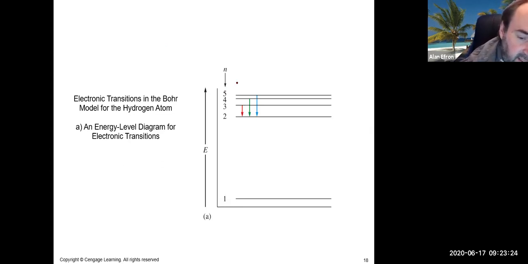For example, this electron going from the 5th energy level to the 2nd would give off perhaps a blue light, while this one going from the 4th to the 2nd would give off a green light. This one going from the 3rd to the 2nd would give off a red light. We could also relate this to what we were talking about in terms of wavelength and energy.